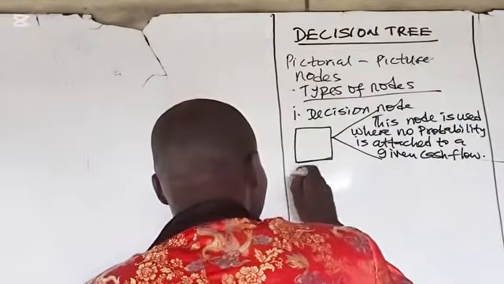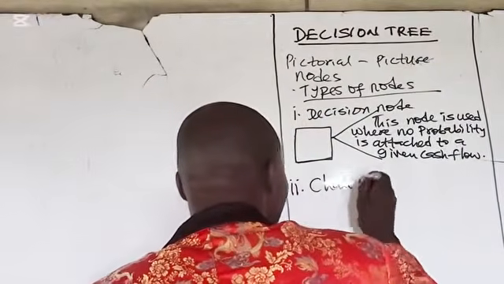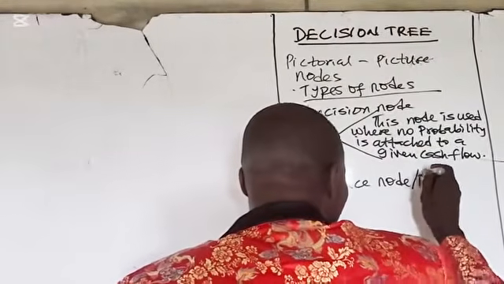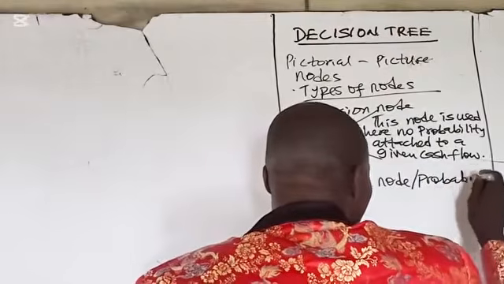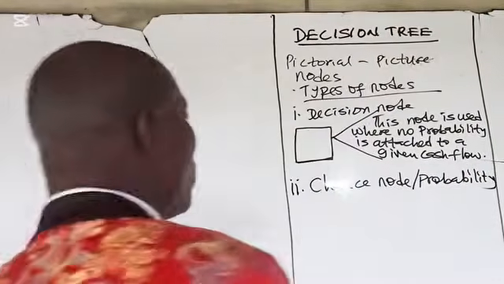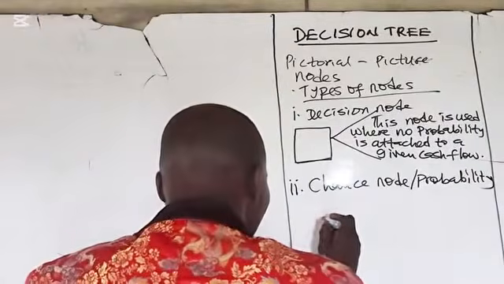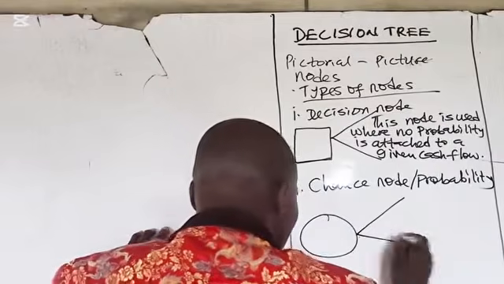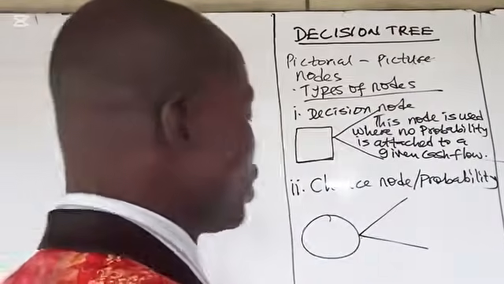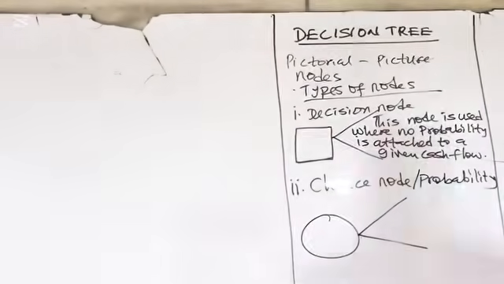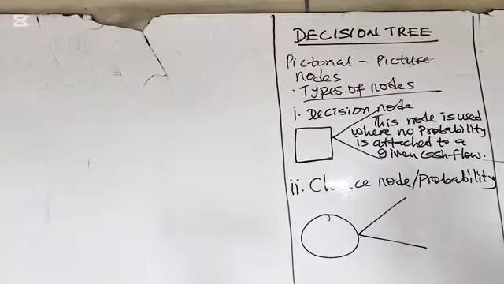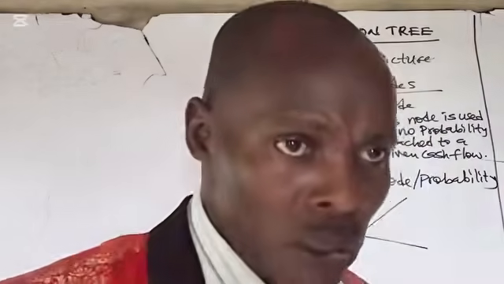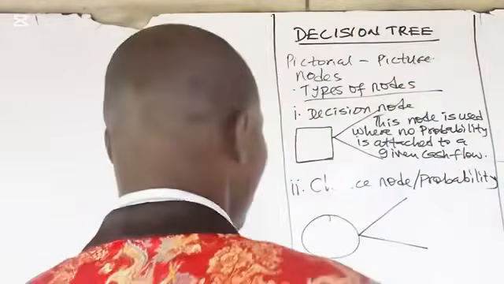Then the second one is the chance node. The word chance means probability. The chance node is a node on a circle like this.